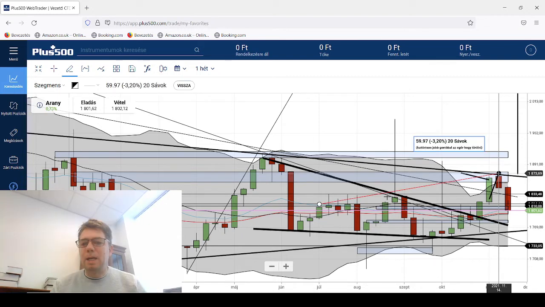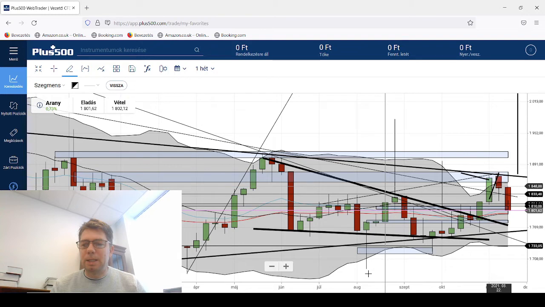Here we have this line, and let me see. And this line also down here, down to this wick, and that's a rising wedge. Yeah, it's a rising wedge, which is bearish.